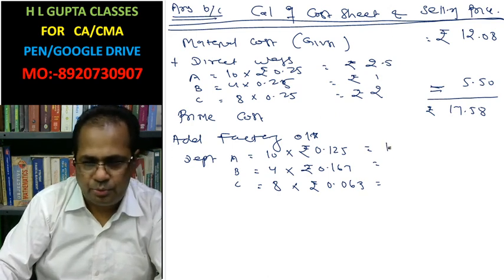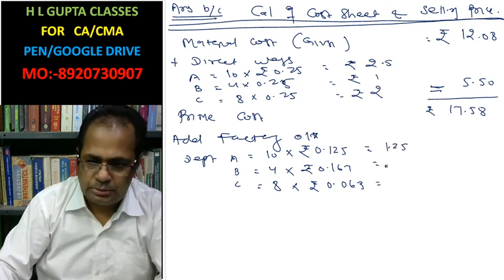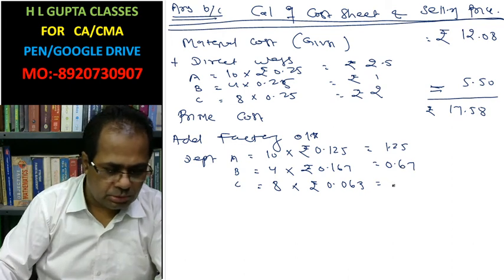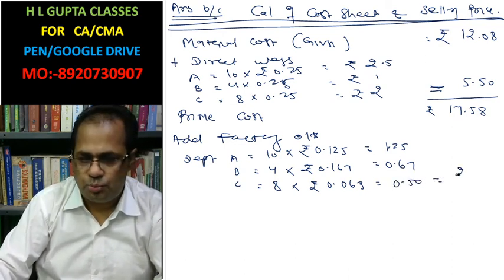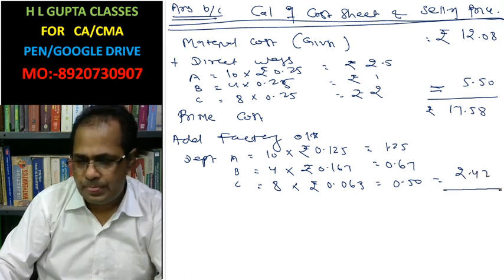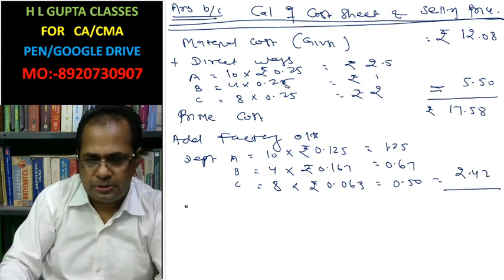This is 1.25, 0.67, 0.50, this is 2.42. This is your work cost.